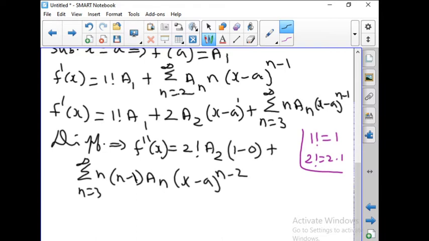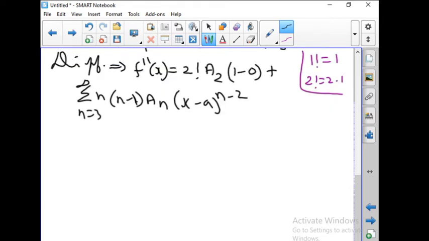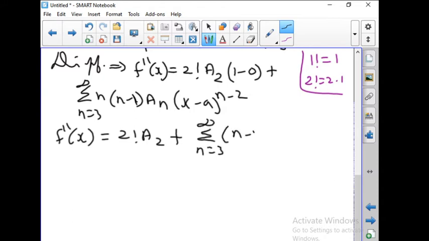Okay. So f double dash of x, we get this. What is this actually? f double dash of x is equal to 2 factorial a2 plus sigma n is equal to 3 to infinity n into n minus 1 an into x minus a the whole power n minus 2. Okay.